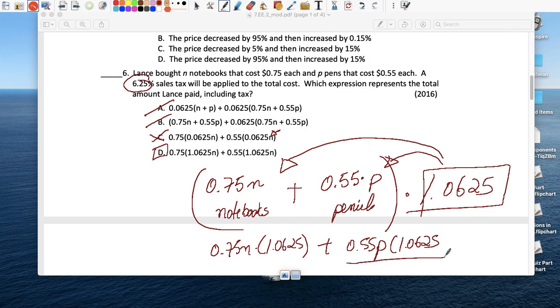So that looks like this one, but they should have written a P here because it's 0.55 times P, the number of pencils. Let me just confirm this one. That one doesn't make any sense. The problem here is that this should be a P and the other ones have P written on it.